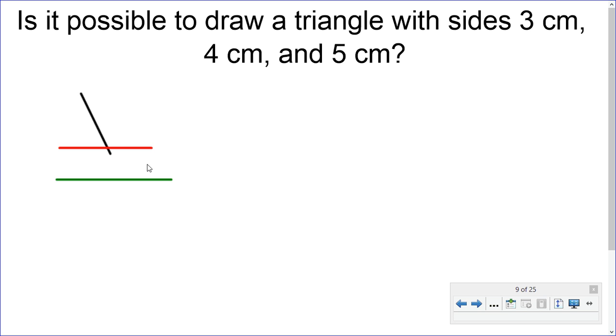I got my sticks here, and I'm going to first move around and try to make an obtuse angle, an obtuse triangle. So let's put the small side there, and let's grab the big line, and put it on the end, and it doesn't reach over, so I'd have to tilt the stick a little bit more.